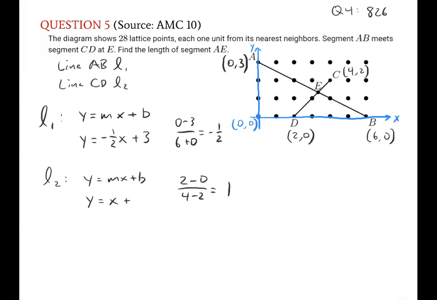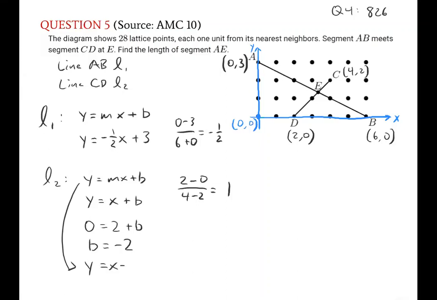Now we have to find b, and if we plug in one of the points, let's plug in D, we'll be able to find b. So 0 in place of y and 2 in place of x plus b, and we'll get b is equal to negative 2.